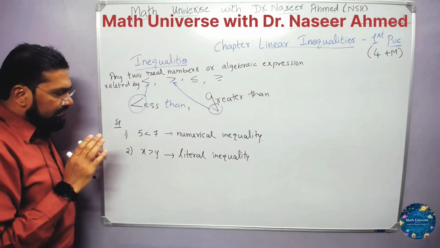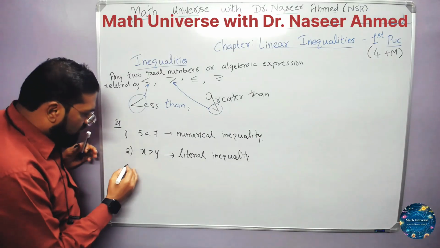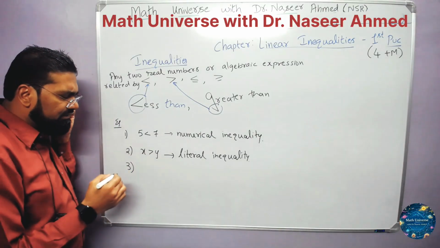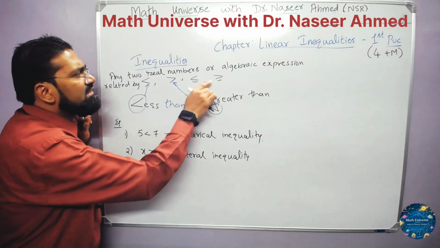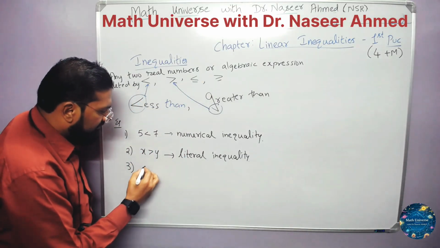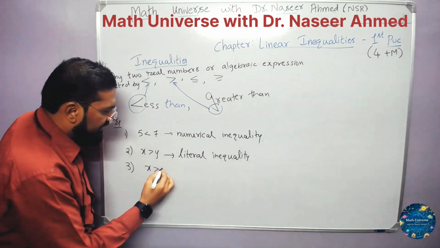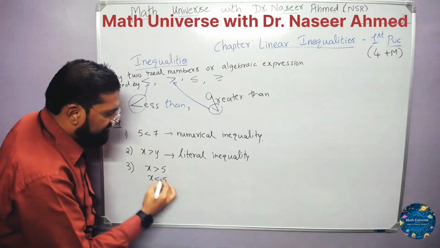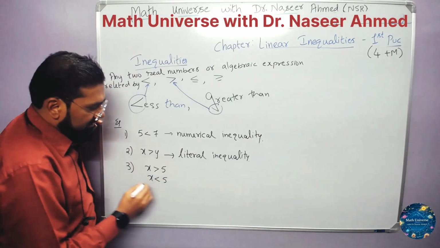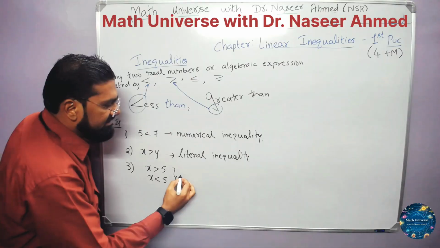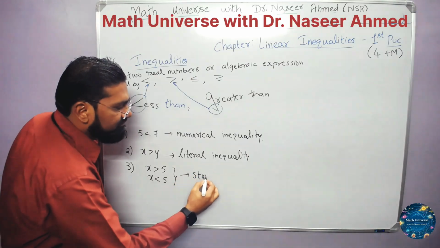Now let's go for some more. See this carefully. If I give you x is more than 5 or x is strictly less than 5, since I have got strictly greater than and strictly less than, we call this strict inequality.